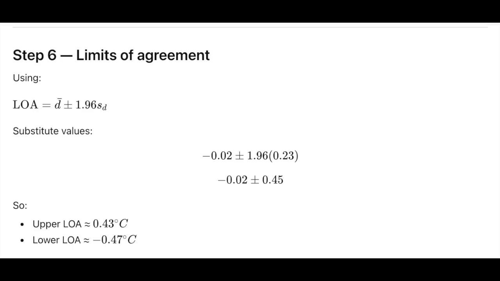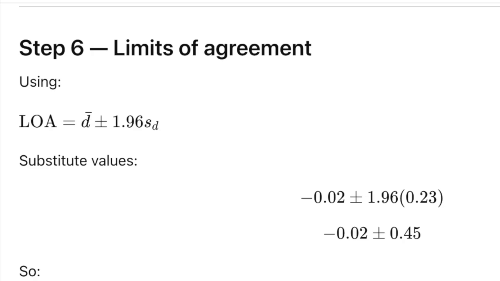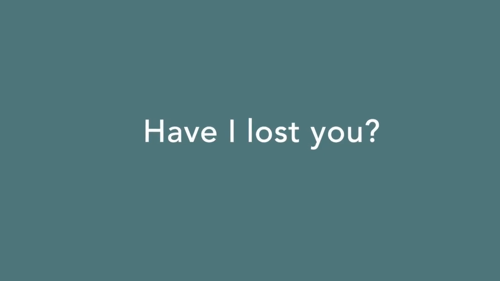You also get as an output the limit of agreement, LOA. This is the mean difference plus or minus 1.96 times your standard deviation of the differences. Have I lost you?